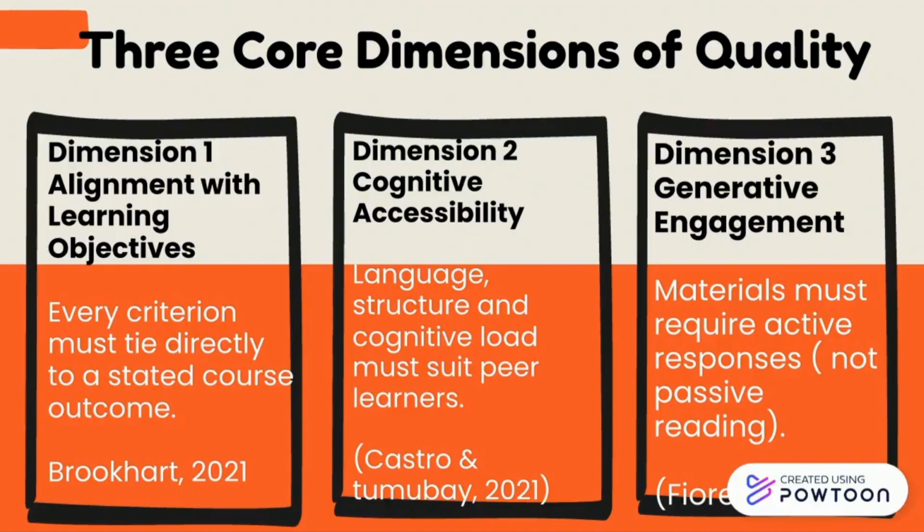In dimension 2, cognitive accessibility. It means the language, structure, and cognitive load must suit peer learners, not expert instructors. Many peer-created materials ignore universal design principles.